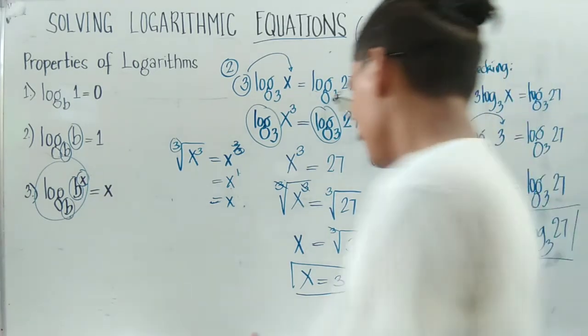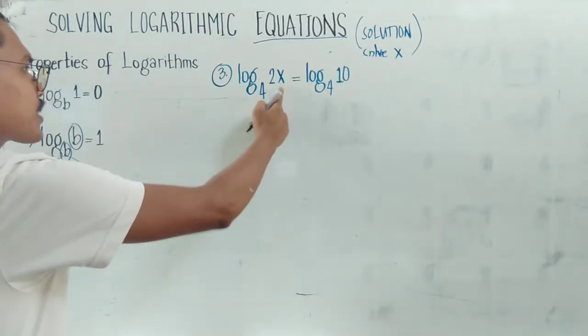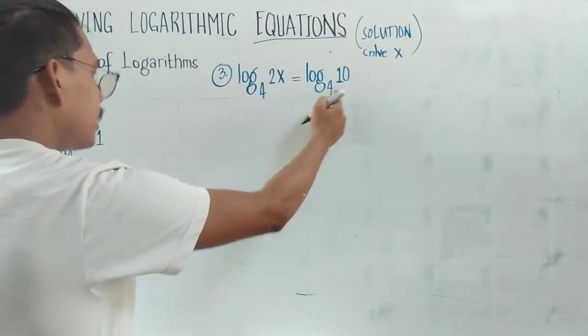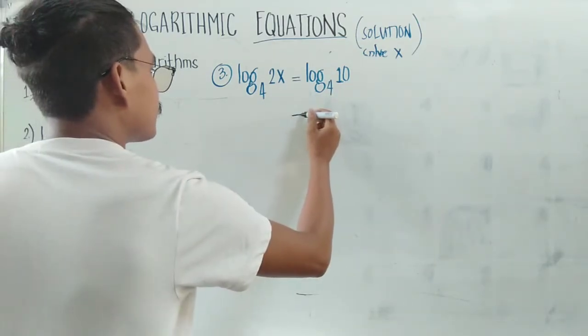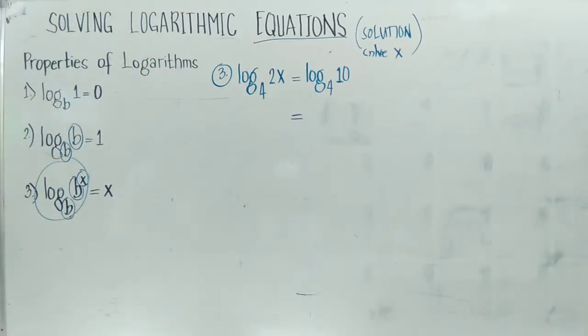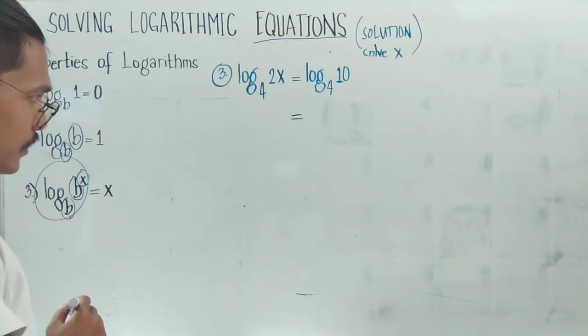Okay? Let us proceed to another example. On the board, we have log of 2x base 4 equals to log of 10 base 4. Now let us solve for x. So what shall we do?